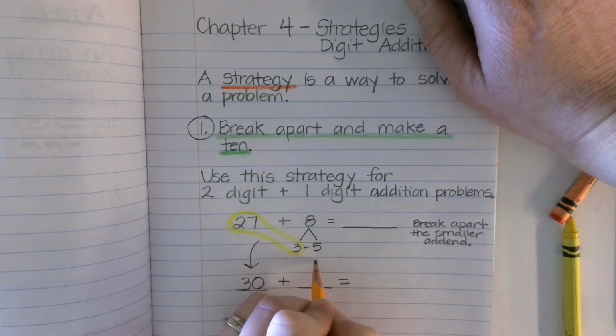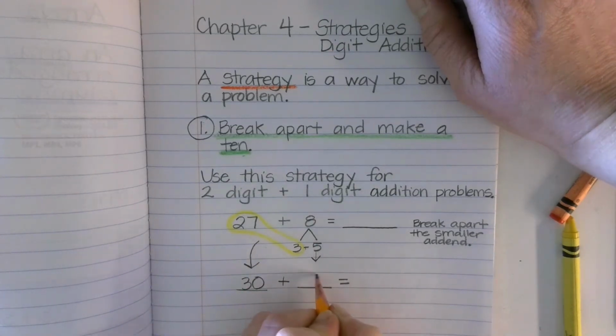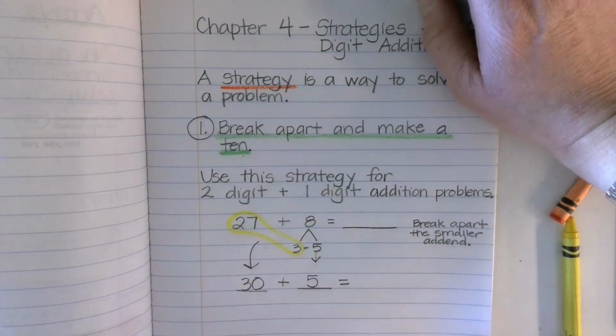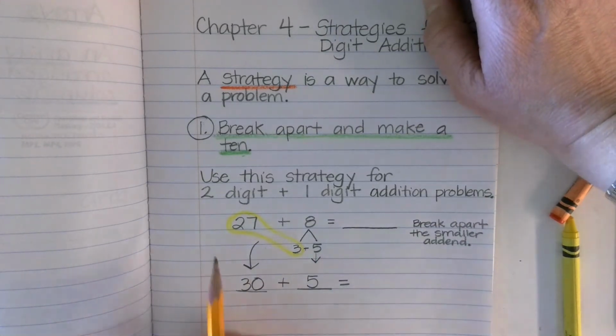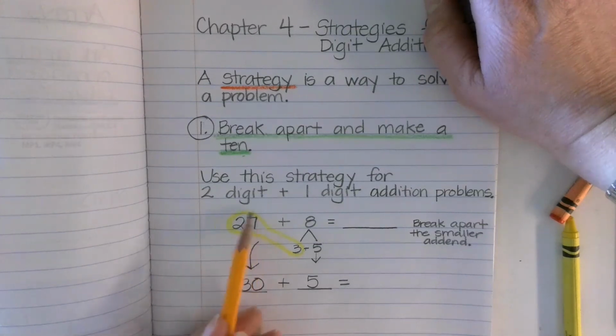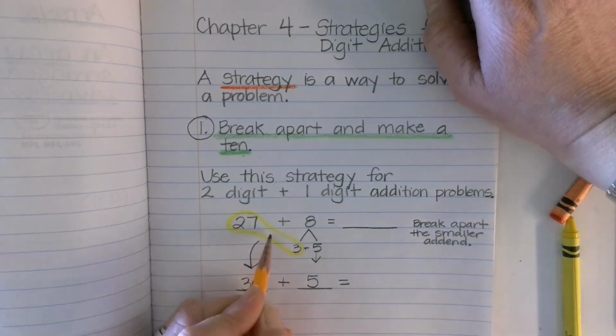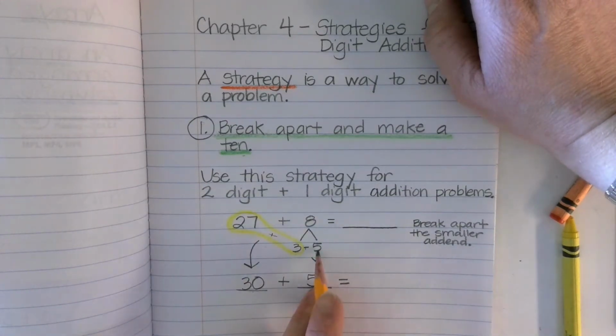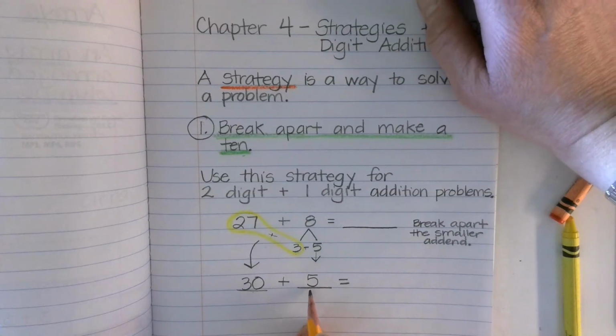And this 5 goes right in here, straight in there. So again, 27 plus 3, okay, becomes 30. That goes right here. And then our 5 here goes right down here.